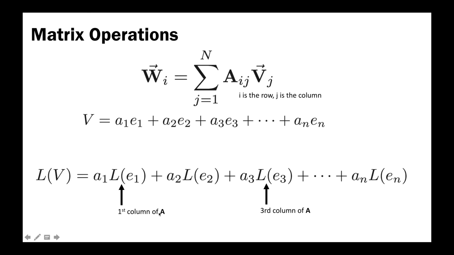This is in fact the first column of A. a2 times L of e2, which is the second column of A. a3 times L of e3, which is the third column of A. So you can see what this means. We take the jth element of v and we multiply it by the jth column of A. So the first element of v gets multiplied by the first column of A. And then I add all of these together.